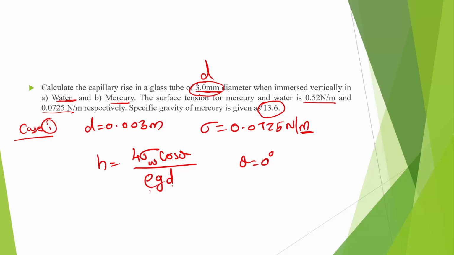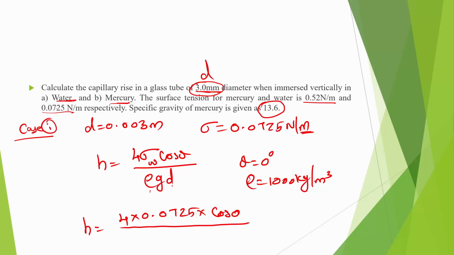Now the density of water at normal condition is 1000 kg per meter cube. So substituting, H is equal to 4 into 0.0725 into cos 0, which is 1, but eventually you can do it in your calculator, divided by 1000 into 9.81 into 0.003.